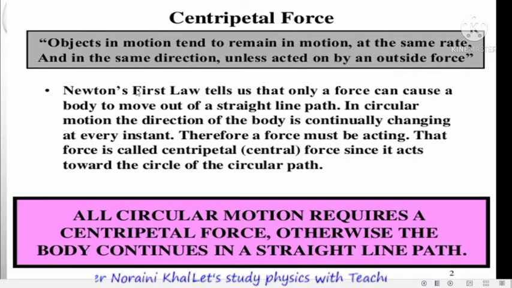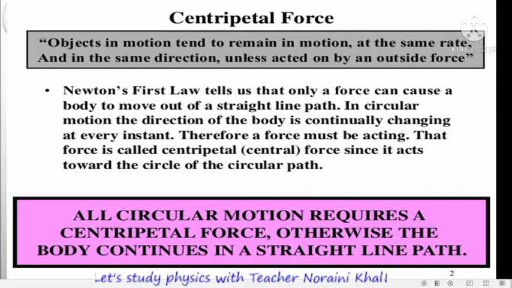According to Newton's first law, or the law of inertia, if no external force acts on an object, the object will continue its motion in a straight line unless acted on by an external force. So when an object moves in a circle, its direction keeps changing. If the direction keeps changing, there is a force acting on the object, so that it follows a circular path.